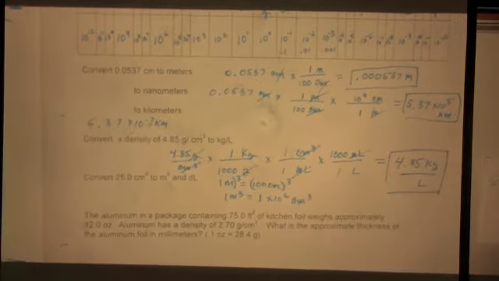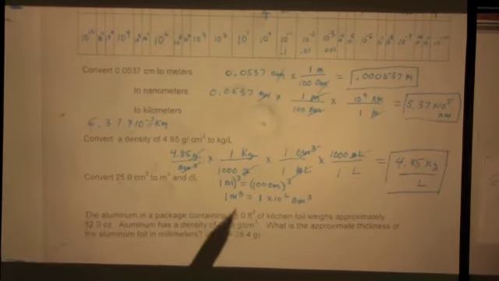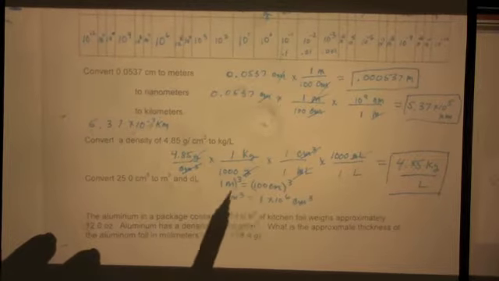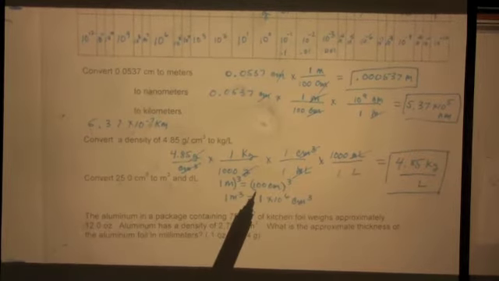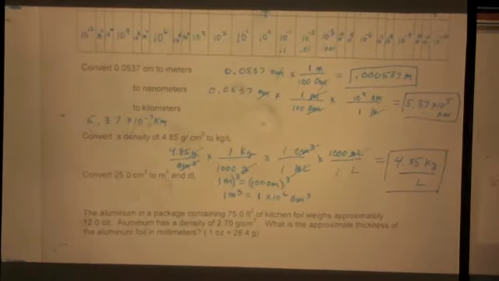So you have to take care of the fact that you're not dealing with just centimeters and meters. You have to cube it. And I think the easiest way is just to start with the relationship you know and do what they tell you to do to it. In this case, it's cubing it.